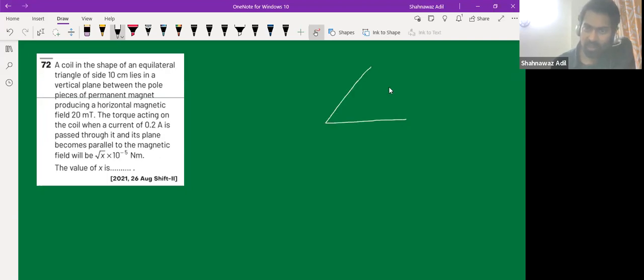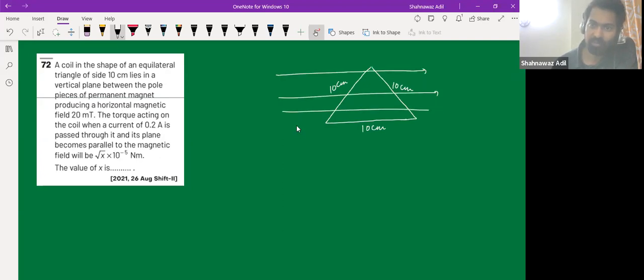This is a coil, lying in a vertical plane between a permanent magnet, producing a horizontal magnetic field. So B is how much? This is 20 millitesla.